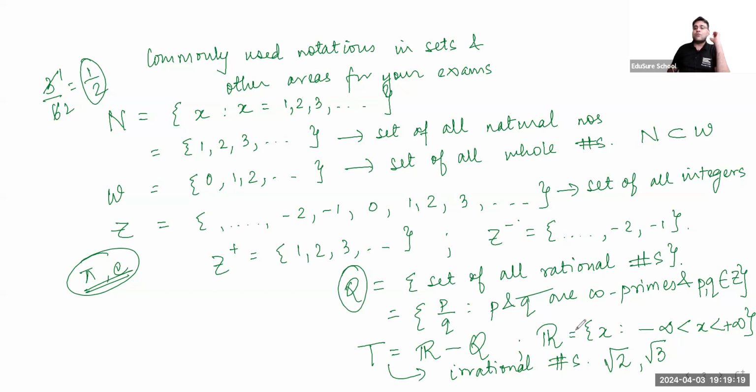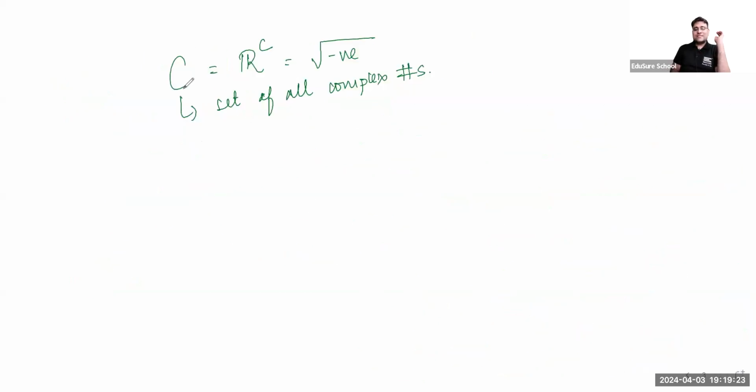And R is the set of all real numbers. C is the set of all complex numbers. Complex numbers are also called imaginary numbers.